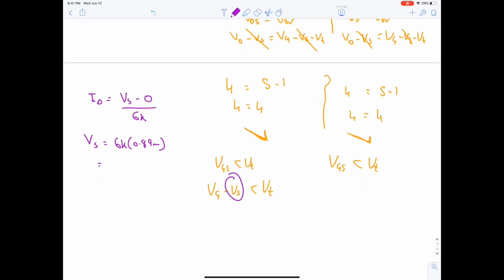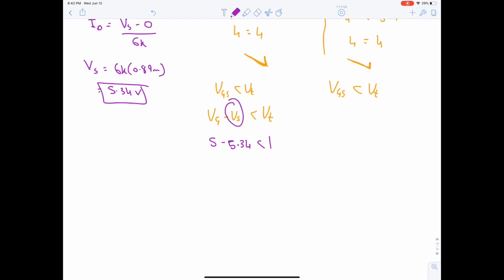Okay, this will result in 5.34 volt. Is 5 minus 5.34 less than 1? Is minus 0.34 less than 1? Yes, it is, therefore cutoff. Hence, this is not our number.